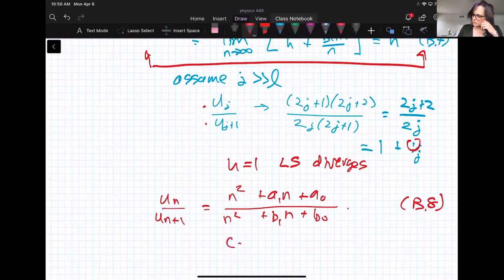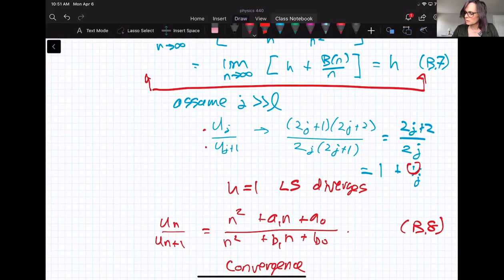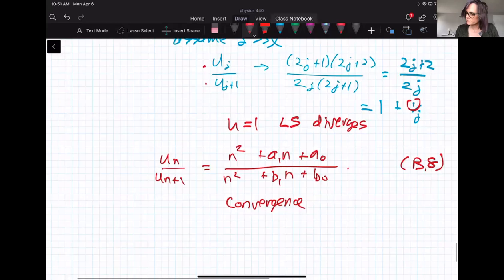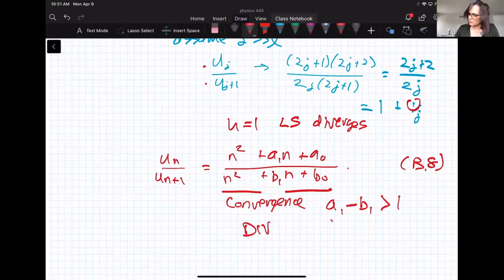Depending on what you have for a series, if you can write it so it looks like this, use this form, the ratio of the quadratics. For a1 minus b1 greater than 1, you have convergence. You have divergence when a1 minus b1 is less than or equal to 1.